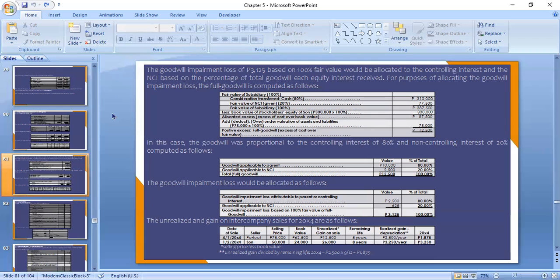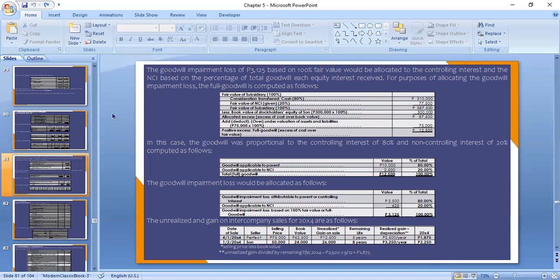So the positive excess of 12,500. Here, 10,000 belongs to parent and to NCI 2,500. And we have now the goodwill impairment loss applicable to parent or controlling interest, 2,625.